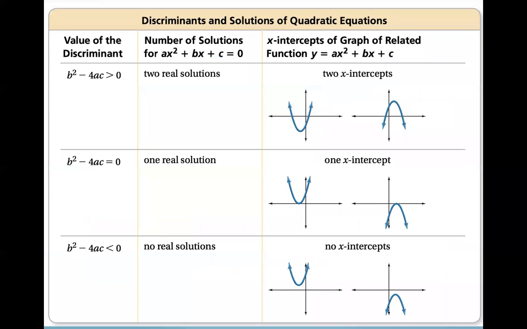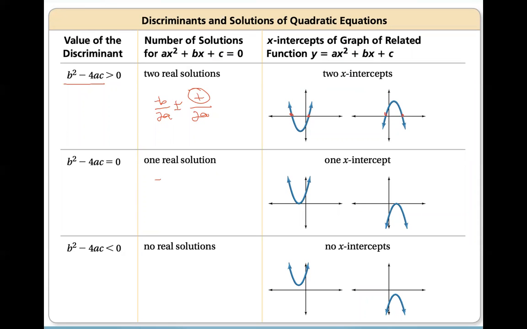When our discriminant, b squared minus 4ac, is positive, I've got negative b over 2a plus or minus a positive number over 2a. This is going to give me 2 solutions, or 2 x-intercepts.